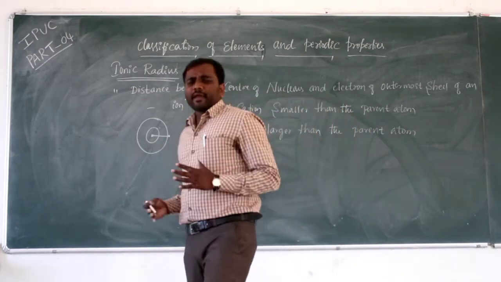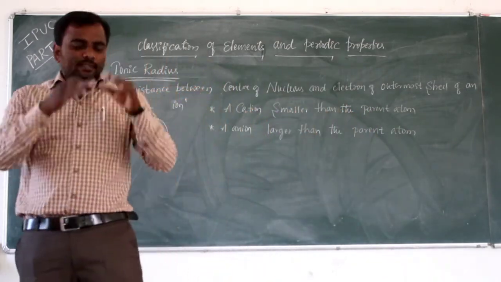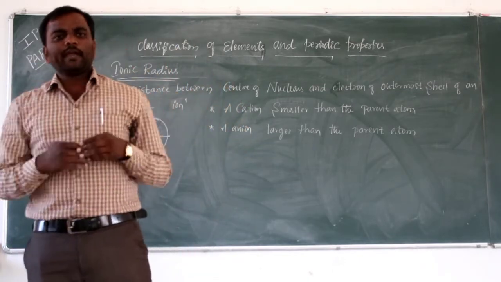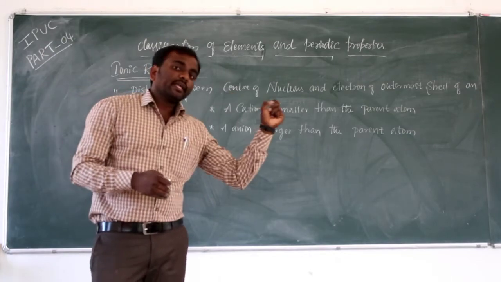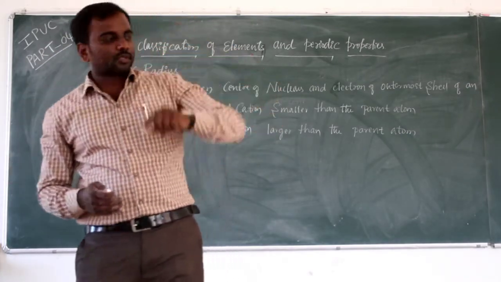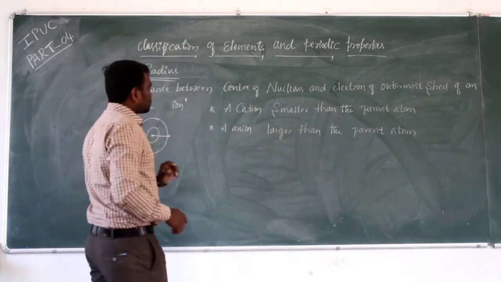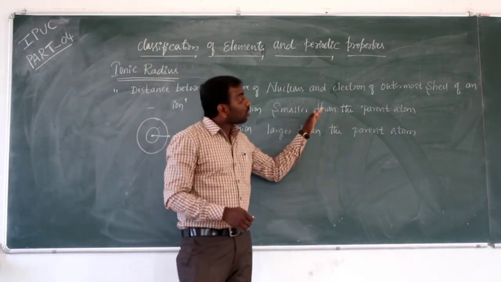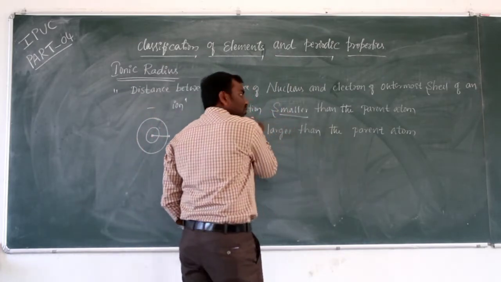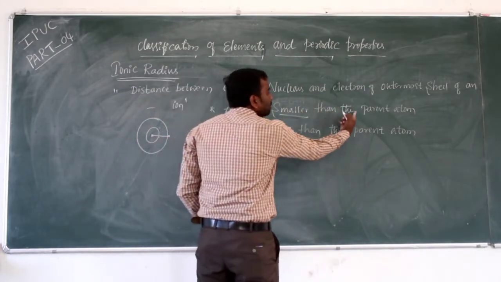When we study ionic radius, it gives two important points, right? The first one is a cation is smaller than the parent atom. It is very important. A cation is smaller than the parent atom.